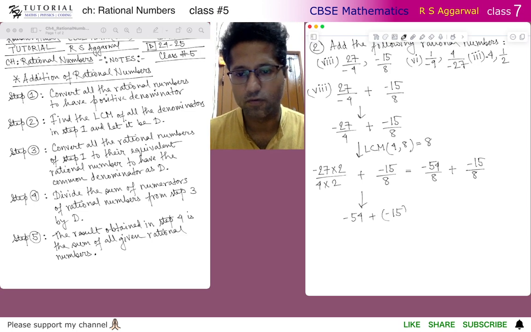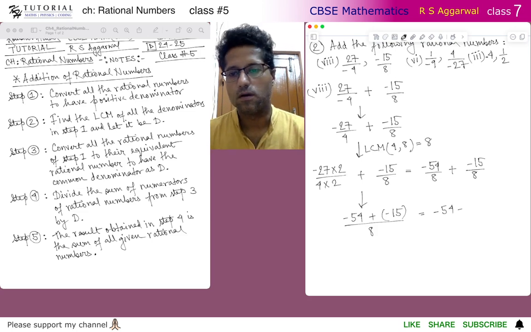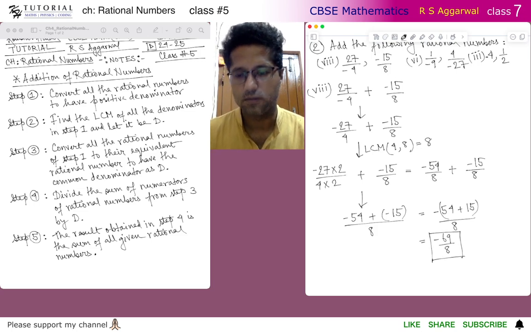So minus 54 plus minus 15 divided by 8, and this is minus 54 minus 15, and this is minus 69 by 8. So this is the answer.